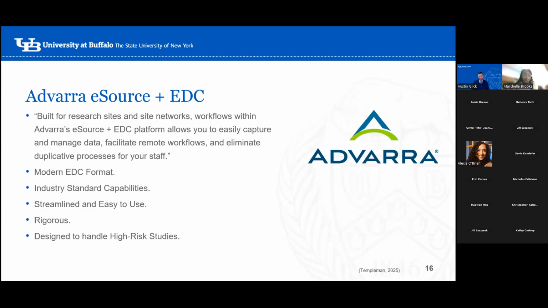So what is it? According to Advarra, it is built for research sites and site networks. Workflows with Advarra eSource plus EDC platform allow you to easily capture and manage data, facilitate remote workflows, and eliminate duplicative processes for your staff. Essentially, it is a modern EDC format. It is an industry standard there and has all the capabilities you would expect from an industry standard EDC.